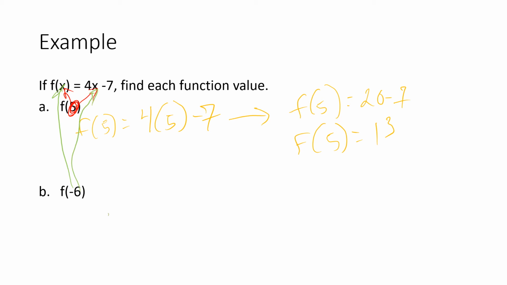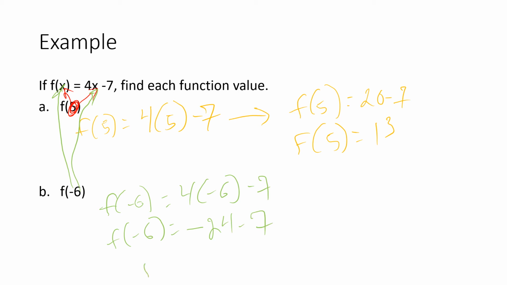So f(-6) equals 4 times -6 minus 7. 4 times -6 is -24 minus 7.